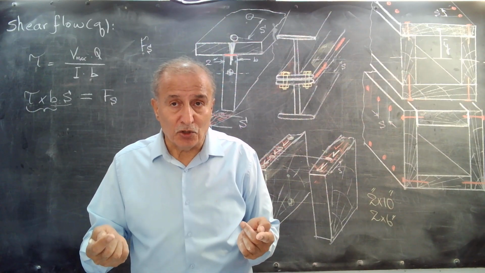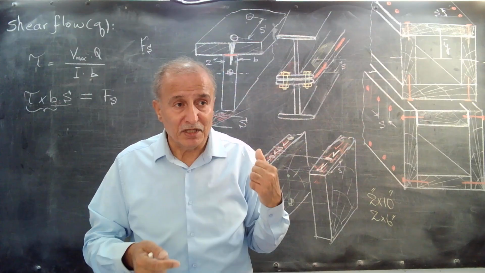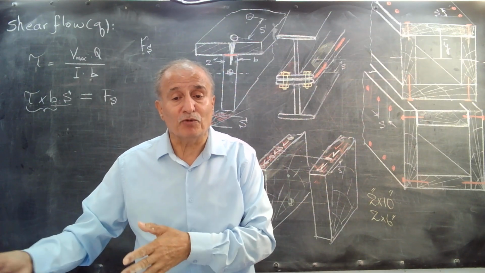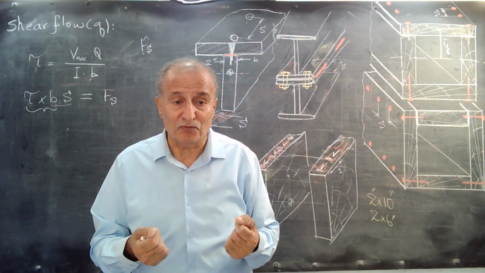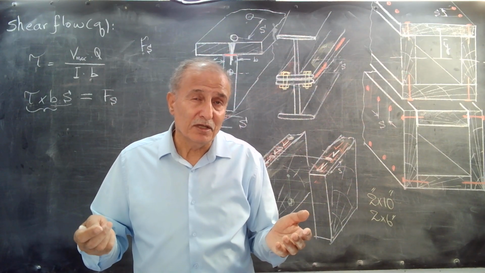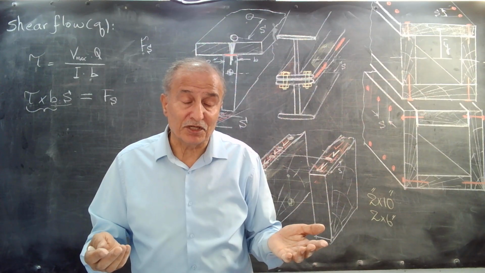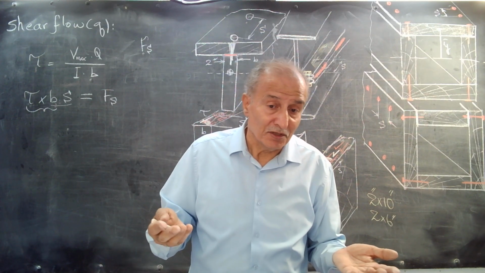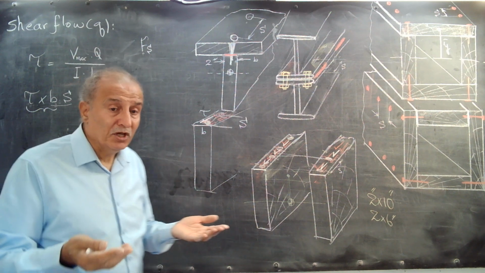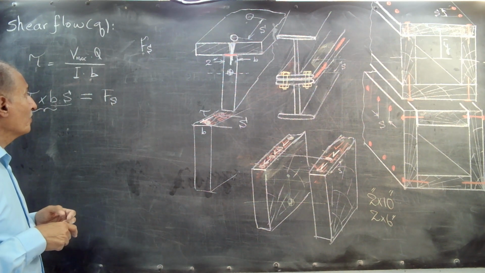And in this case, I know the shear strength of the nail, and I can say, okay, in 1 meter, I have this amount of shear force. How many nails can take this amount of shear force? For example, I found that 3. It means that the distance between these is 1 meter divided by 3, 330 millimeter or 0.33 meter.